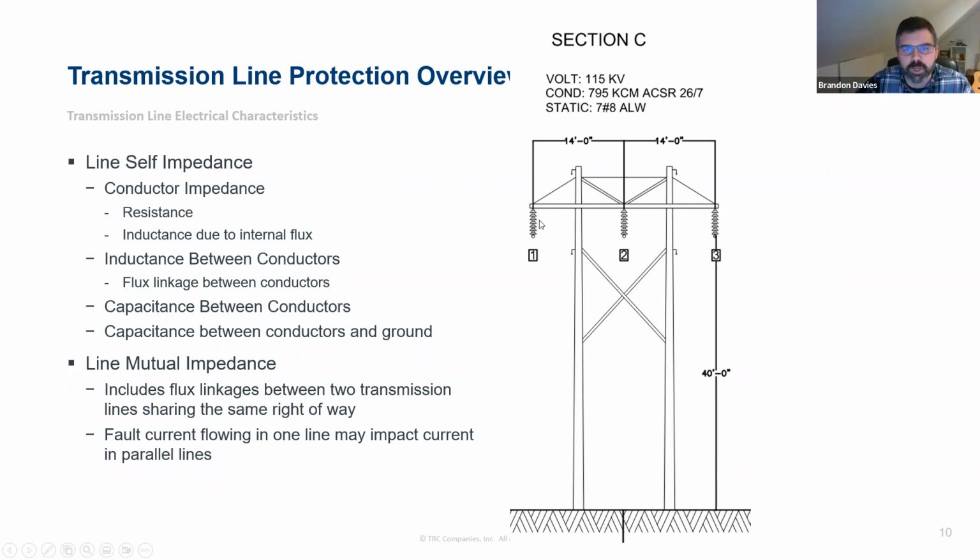But in general, we've got 6 or 7 of those insulators stacked on each other for a 115 kV, and that's designed and engineered in a way that prevents the electrical path from happening between your energized 115 kV conductor and the ground here, because it's 115 kV line to line, so you're going to have 60 to 70 kV voltage difference between these 2 points, and that insulator prevents an electrical path from happening between the energized conductor and the structure itself.